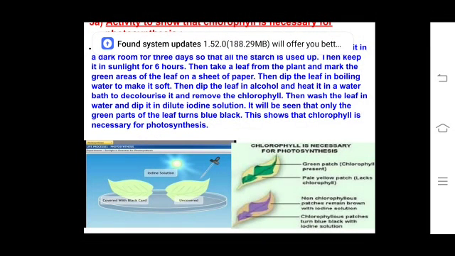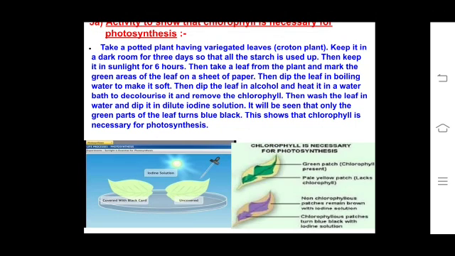Then it has to be kept in sunlight. When you keep it in sunlight, ग्रीन पार्ट्स जो है वो फोटोसिंथेसिस they do and non-green parts will not do. And then when we test it, we can see that the green parts synthesize starch, non-green parts do not synthesize starch.